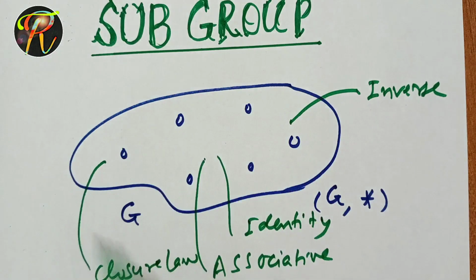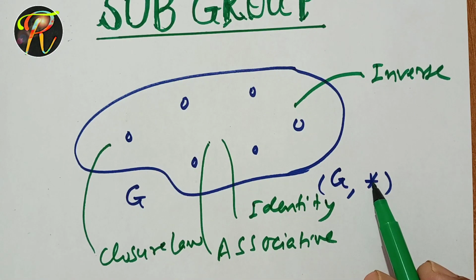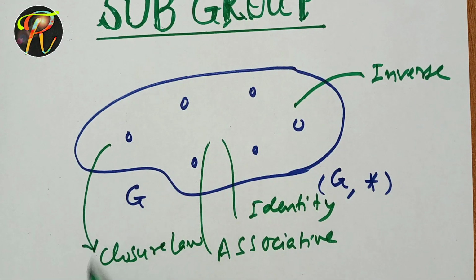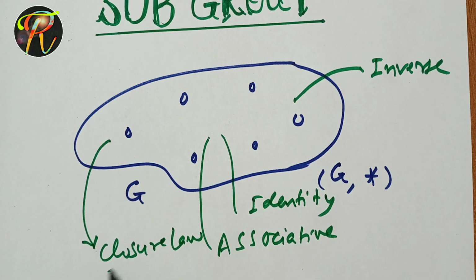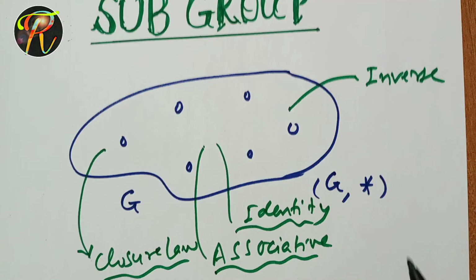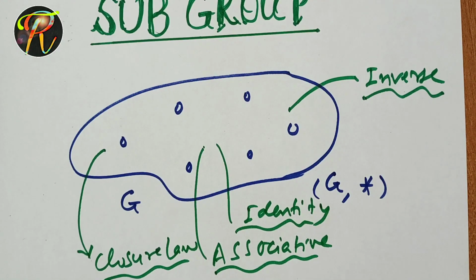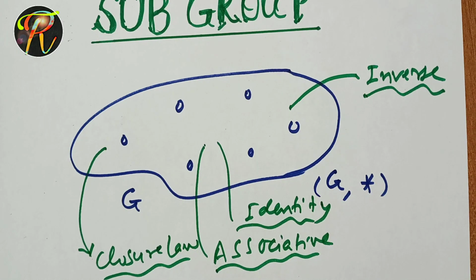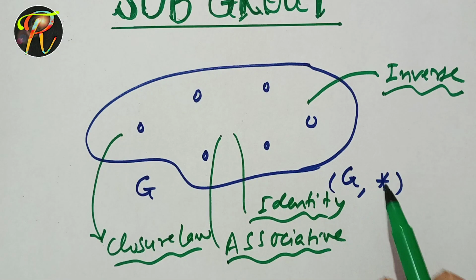This non-empty set with the given operation satisfies four properties. First is closure law, second is associative law, third is identity law, and fourth is inverse law. Then we say that this G with the given operation is called a group.